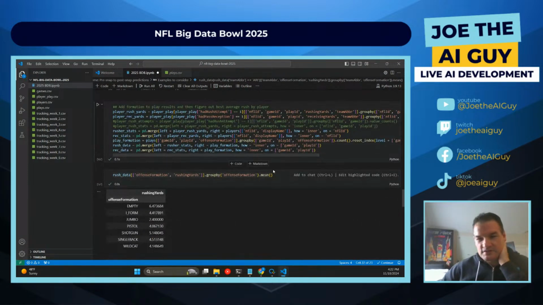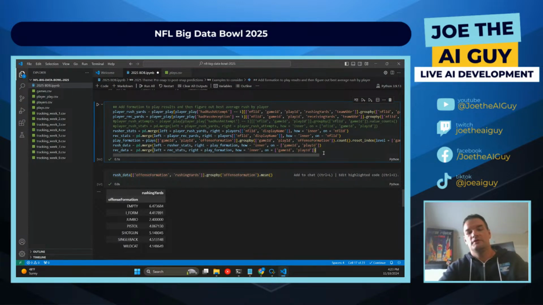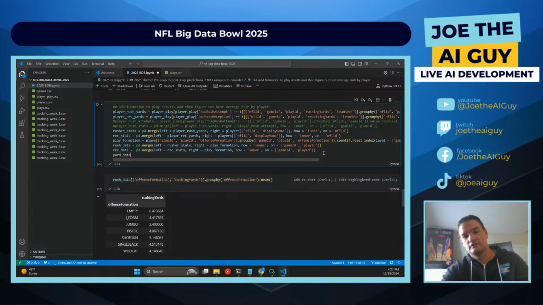So let's clean up these data sets a little bit more so we can quickly slice and dice on them. So we have rush data, right? And we have the receiving data. But then, this isn't a merge.